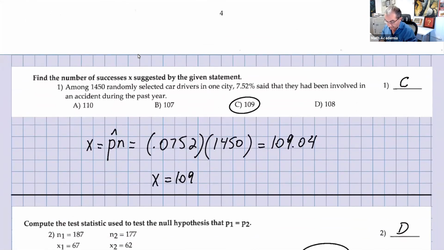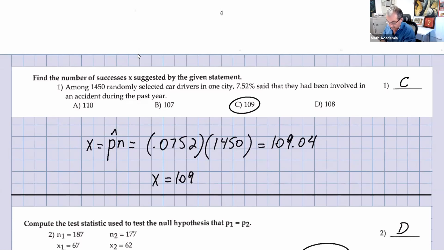Okay, problem number one, find the number of successes X suggested by the given statement among 1,450 randomly selected car drivers in one city. 7.52% said that they had been involved in an accident during the past year.